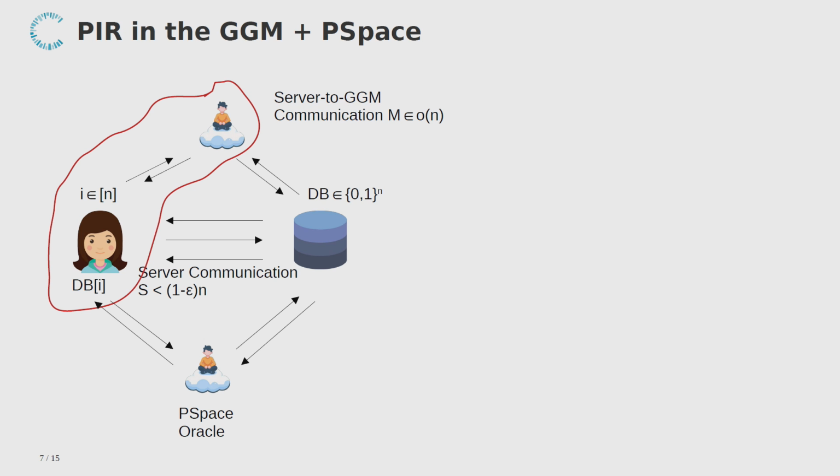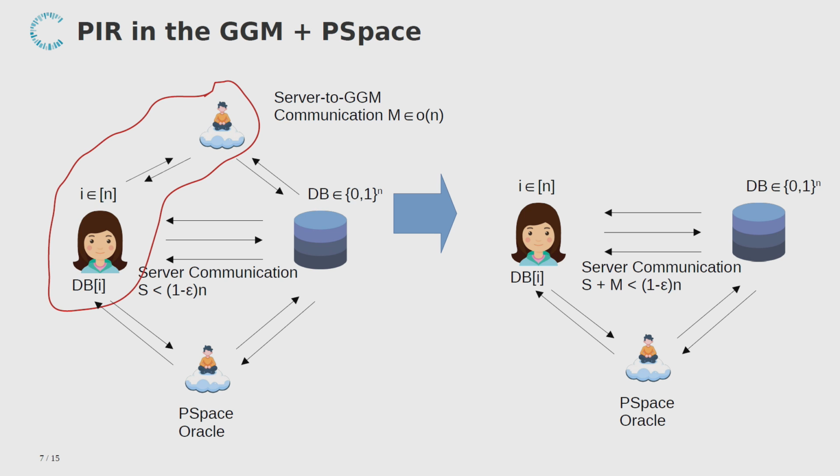And here again, Alice only needs to simulate the generic group model to remove it. And what we get is a non-trivial private information retrieval that is secure even with respect to this PSPACE-complete oracle.